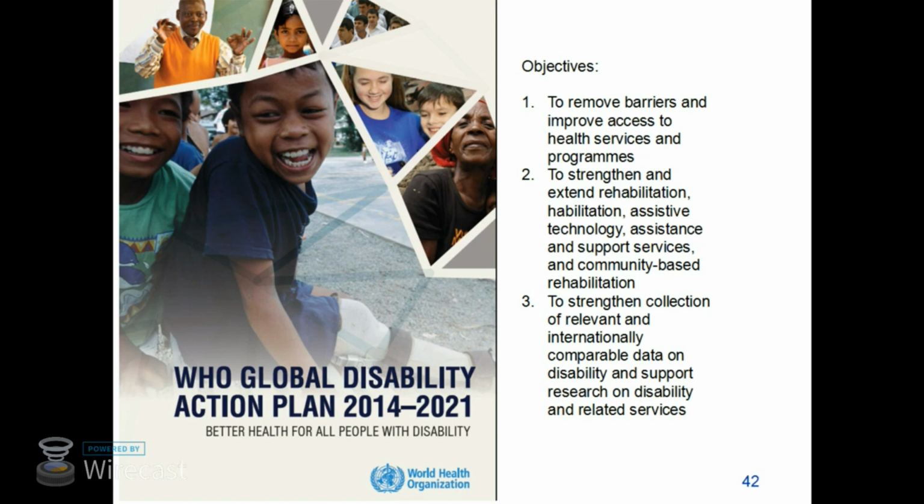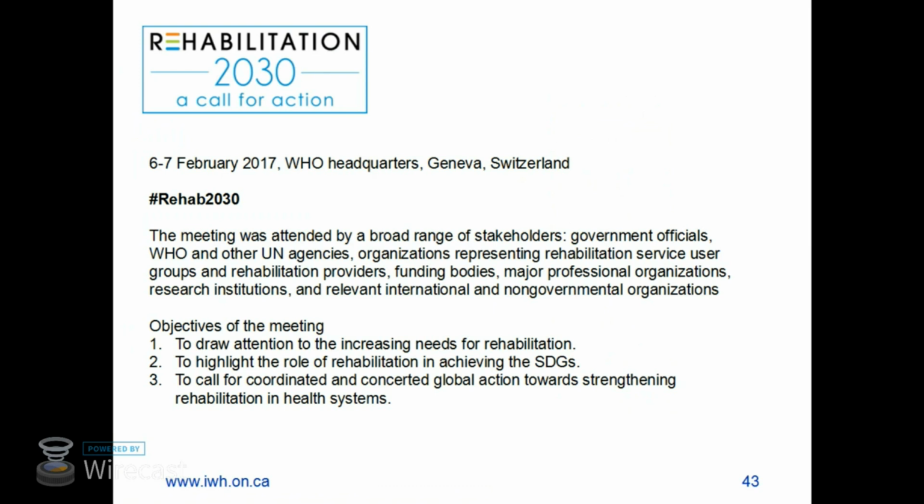So last month, no, in February, 2 months ago, the WHO did a stakeholders meeting. They invited a broad range of stakeholders: government, members of the WHO, the United Nations agencies, organizations representing people with disabilities, funding bodies, major professional organizations, research institutions, relevant international and non-governmental organizations.